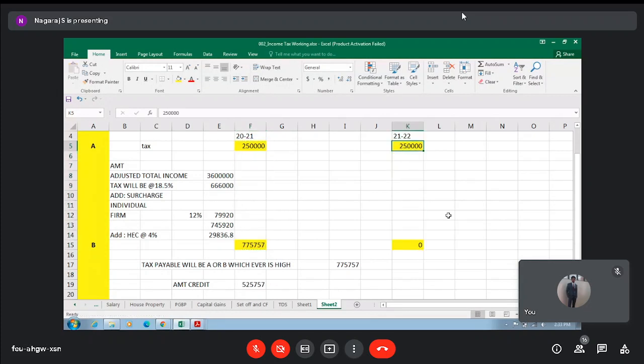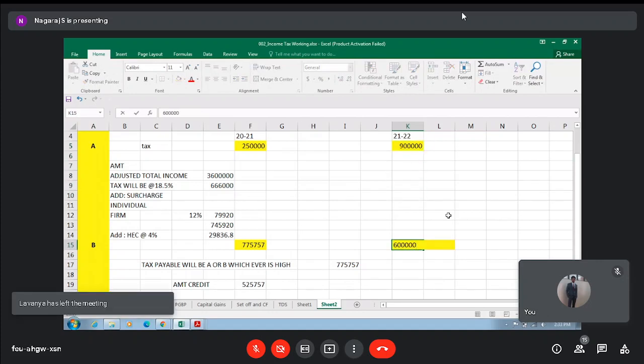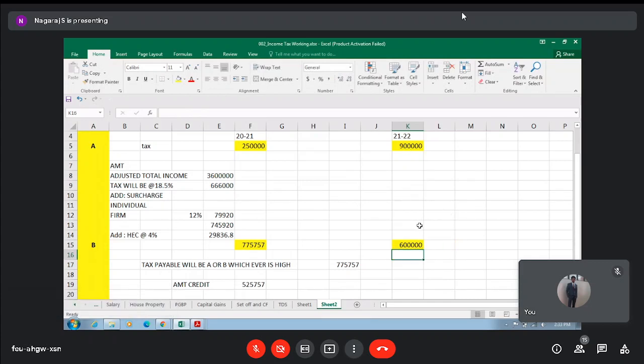Here it is 9 lakhs I am getting. Here I am getting 6 lakhs. Which is the higher one? 9 lakhs, sir. 9 lakh is the higher one.